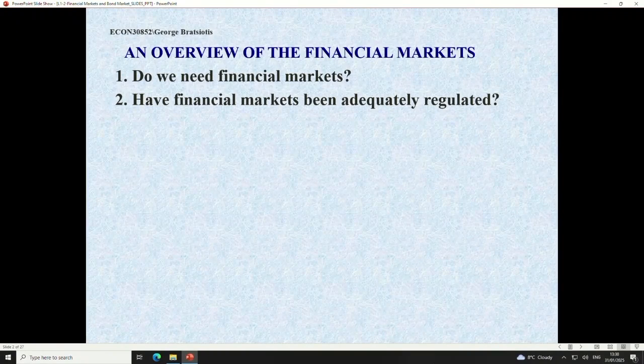And at the same time, they were not held accountable if something went wrong, up to that crisis. So what happened since? Are we now regulating the financial markets adequately? Well, again, it's not my personal view, but the answer is still no, but we've moved a little bit further with that.